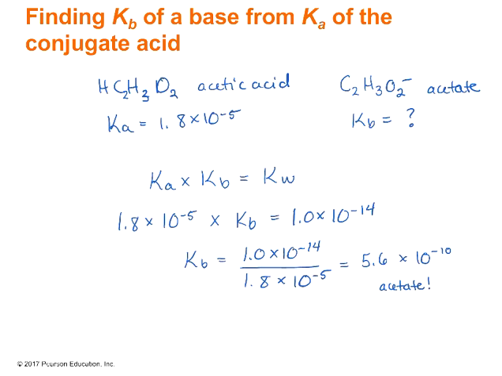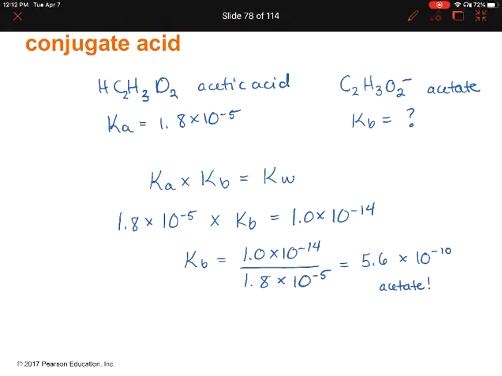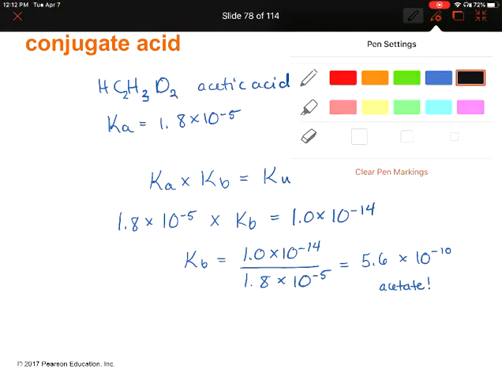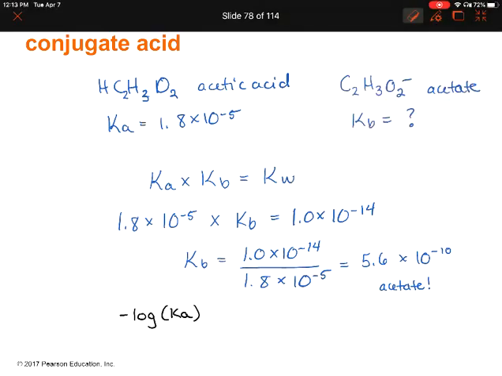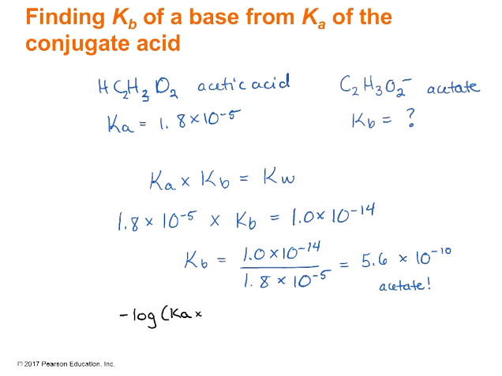Now, one more thing. Remember that previously we said that pH plus pOH is equal to 14. We can actually do the same thing here. So what if we take the negative log of everything in our equation, Ka times Kb?